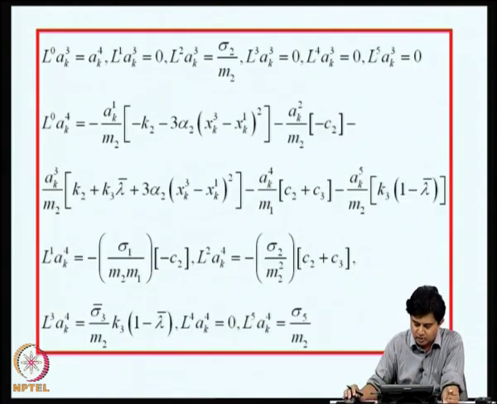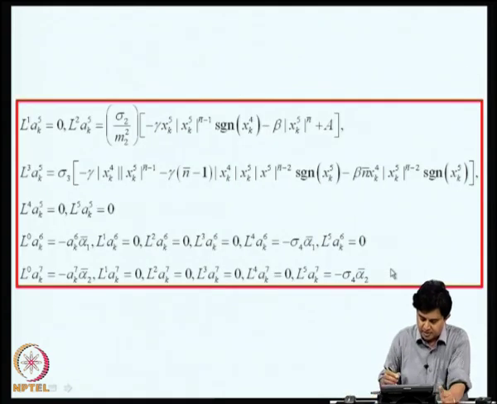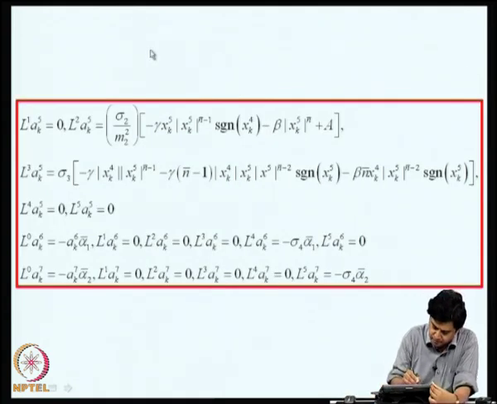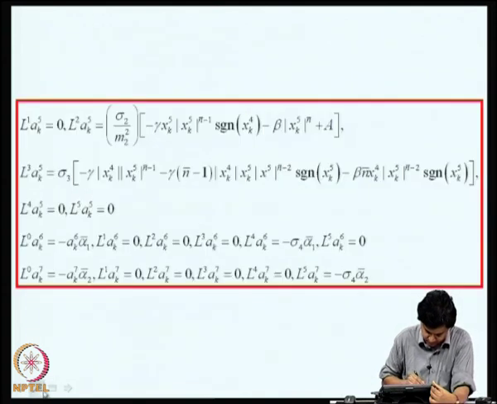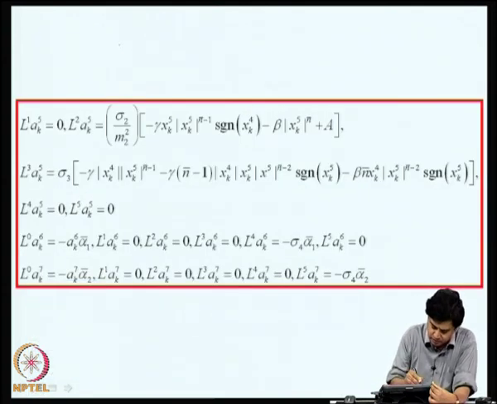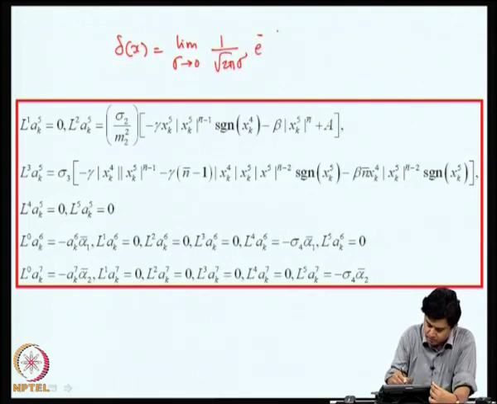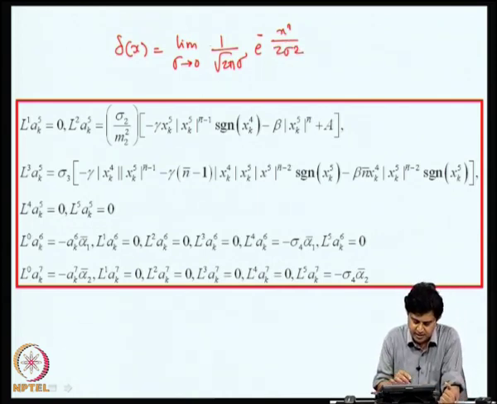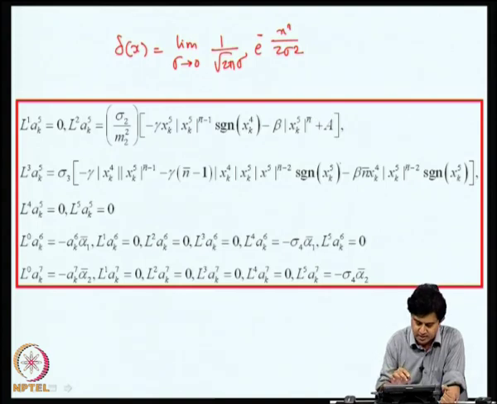For example, we could replace the Dirac delta function by a Gaussian density function whose standard deviation goes to 0, and we can use a suitable value for sigma in the numerical calculations and handle these Dirac delta functions.